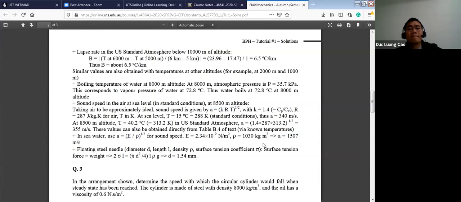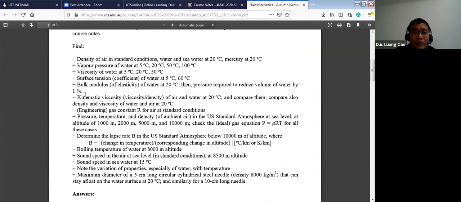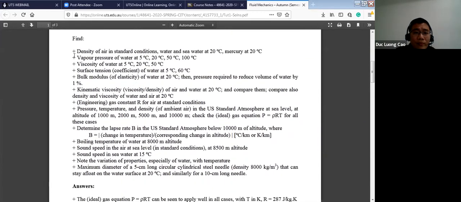Do you have any questions about sound speed? No? Okay, so we finished question 2, the surface tension coefficient or surface tension force. We did it already.